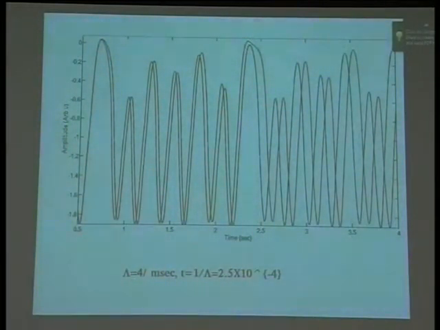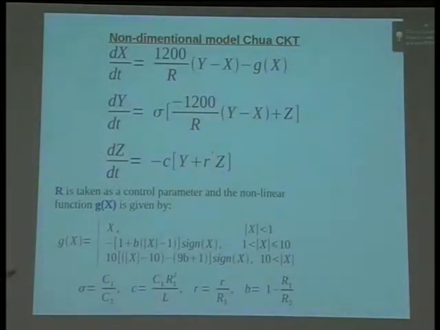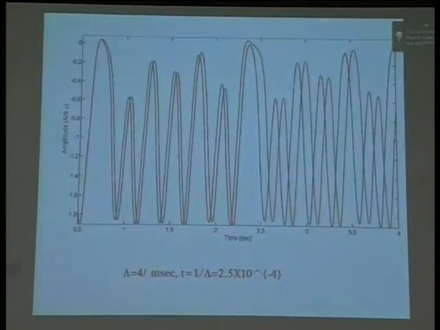In a chaotic system we get this, and this exponential divergence can be quantified using the Lyapunov exponent. Here for the Chua model, we got a Lyapunov exponent of 4 per millisecond. We have three variables x, y, z, and I am plotting just the x component.